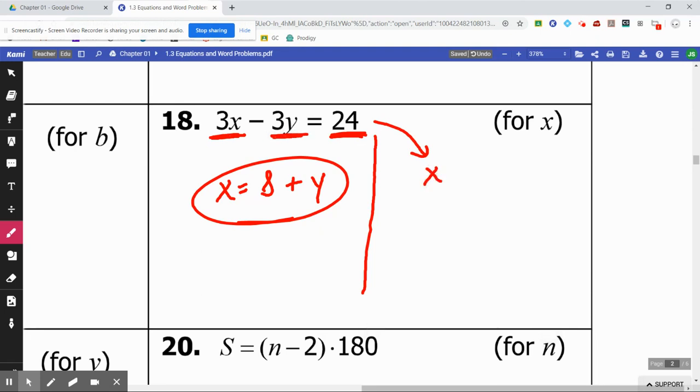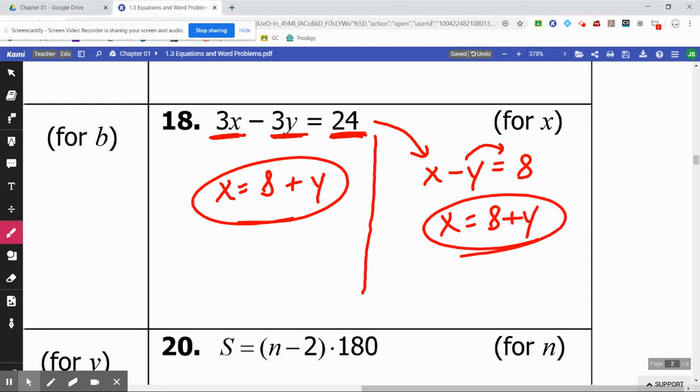Negative 3y divided by 3 will give you a negative 1y, and you don't have to put the ones, equals 24 divided by 3 gives you 8. So I divided every term by 3, and now to get x by itself, just move the y over. So x is equal to 8 plus y, same answer.